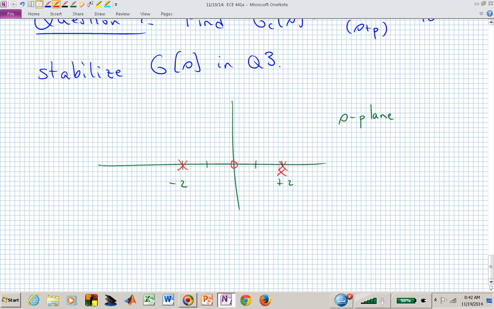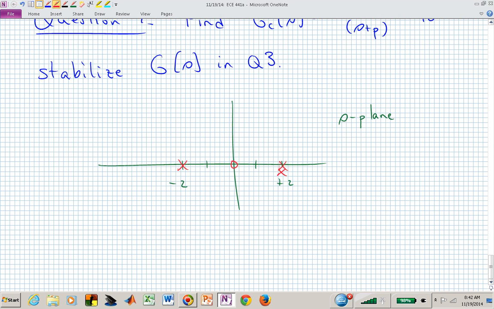It's 2, isn't it? That's a double pole. The question was, is that a double pole or is that off the real axis? It's both, but what I'm implying is it's actually right on top of the other pole at +2. I just wanted to emphasize that I have 2 poles there.